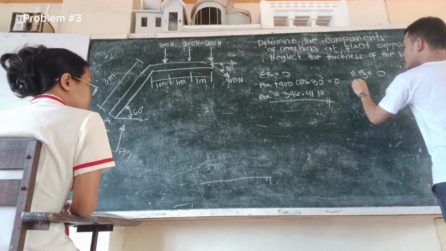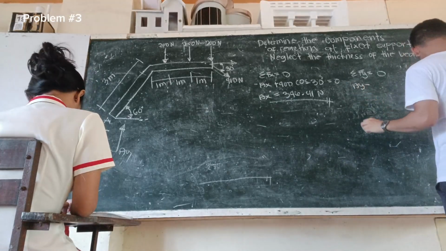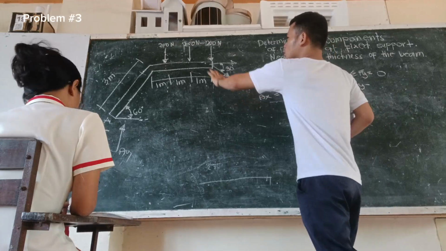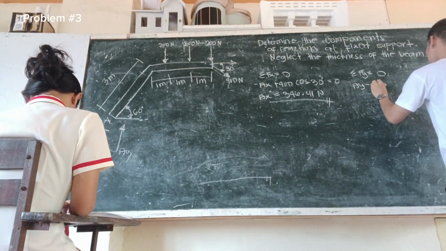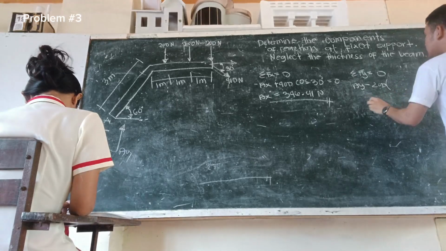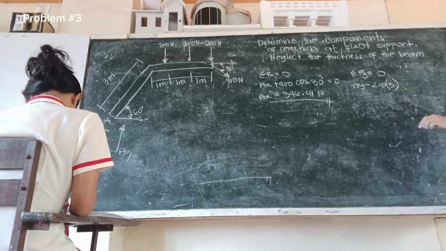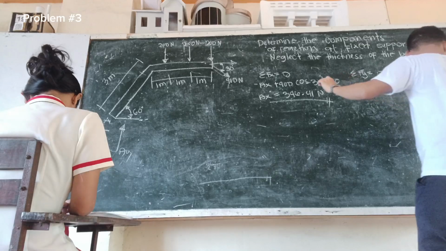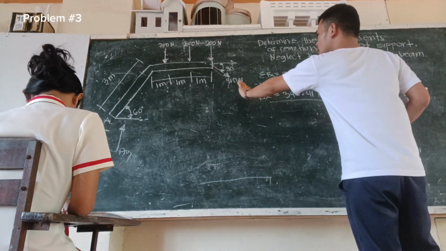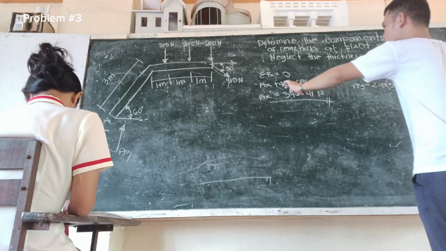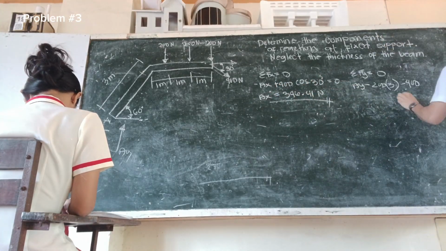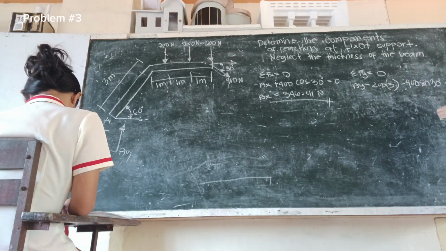So, positive AY minus the 200 Newton times its distance of 3 meters, minus the 400, it's 400 since it's going down, so minus the 400 sine 30 degrees is equal to 0.